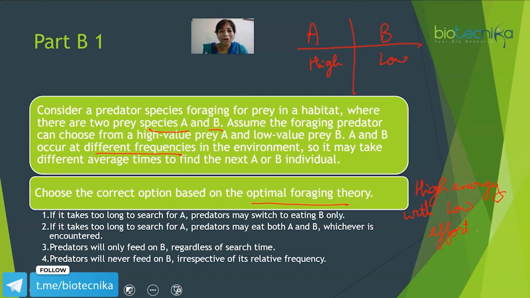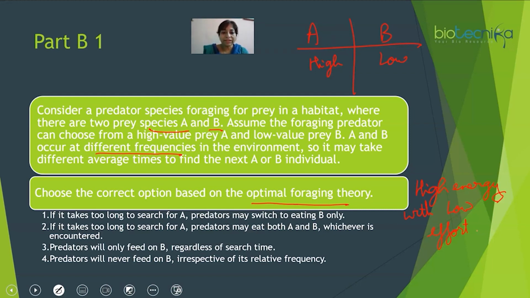This is how we all feel, right? That we want to get the maximum work done with the minimum effort, right? So similar is the concept for optimal foraging theory, that an individual will try to settle for a method that will give it high energy value, so it will be able to acquire high energy food with minimal effort. Okay, that is what is called optimal foraging theory.